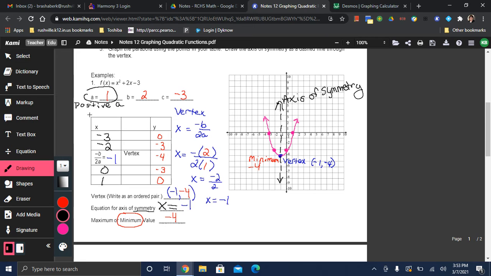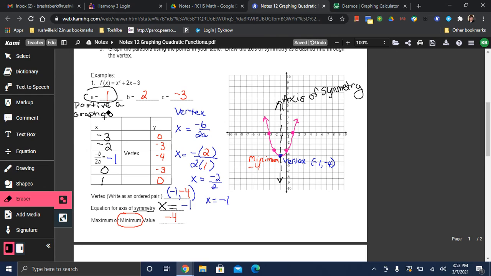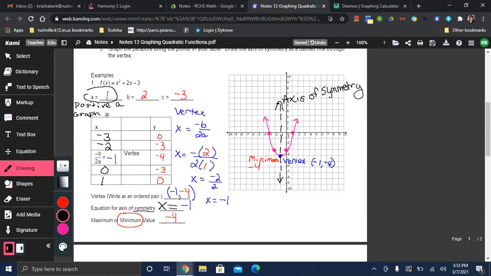If positive for the a, then the graph will open up. And if the graph opens up, then you'll know that you have a minimum. So those are the important points that we will want you to be graphing and then answering questions about.